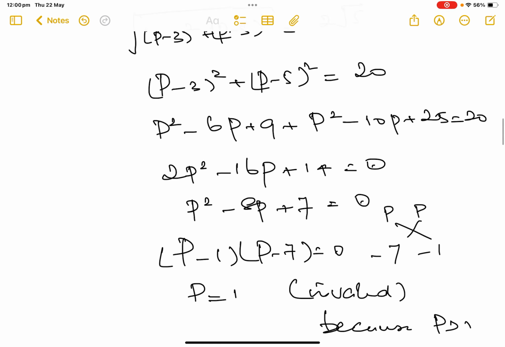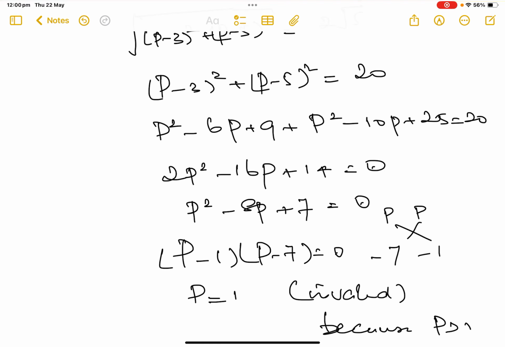Then simplify. (p minus 3) squared expanded is p squared minus 6p plus 9. (p minus 5) squared expanded is p squared minus 10p plus 25. That is equal to 20.